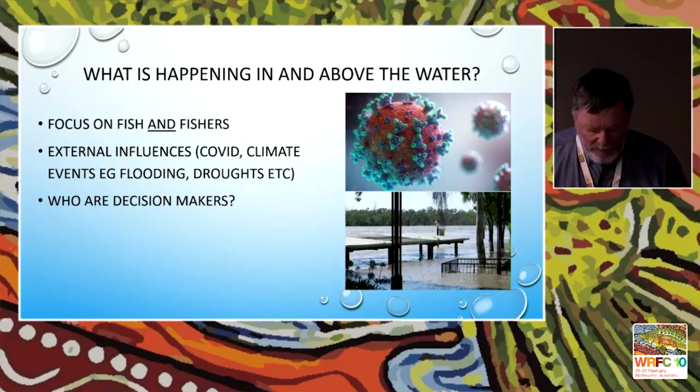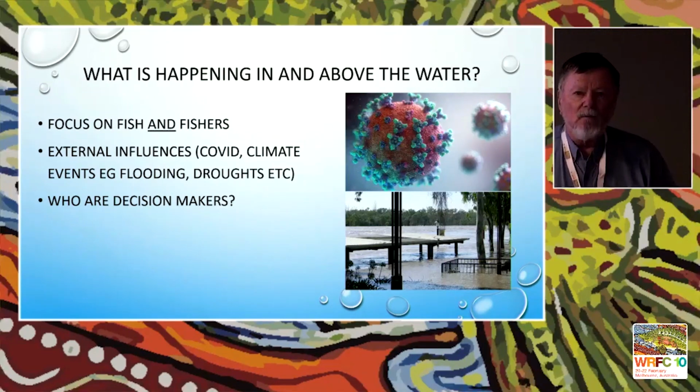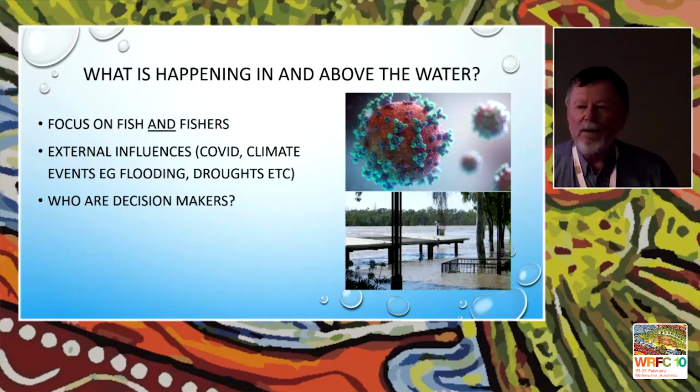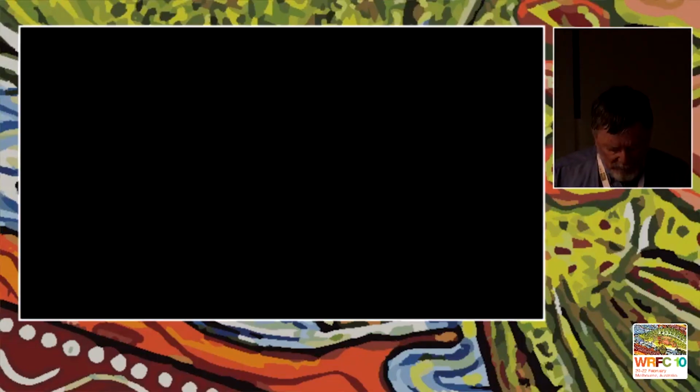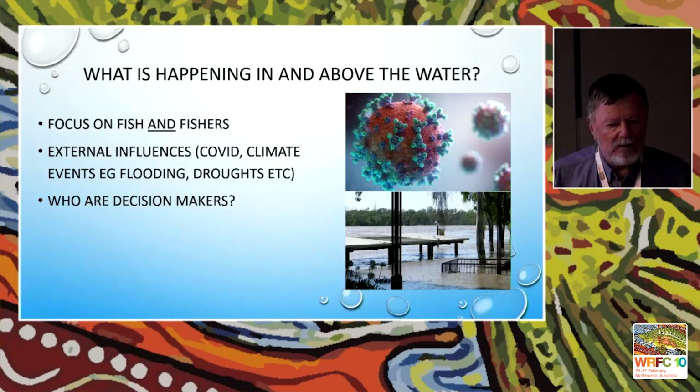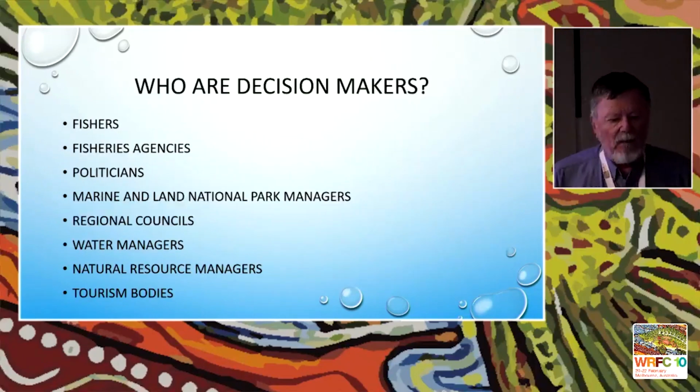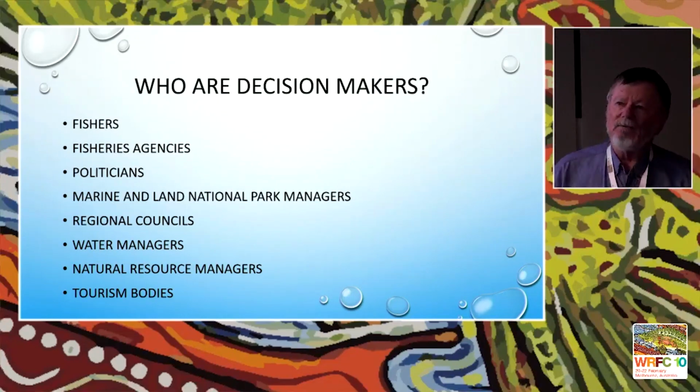But before we go there, I want to talk a little bit about who are the decision makers. Most of you, when you think about fishing data, think that the main users of that are fisheries agencies.